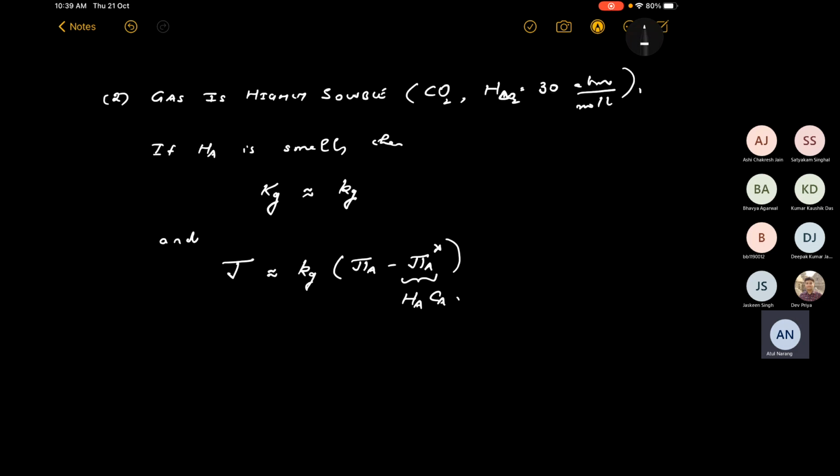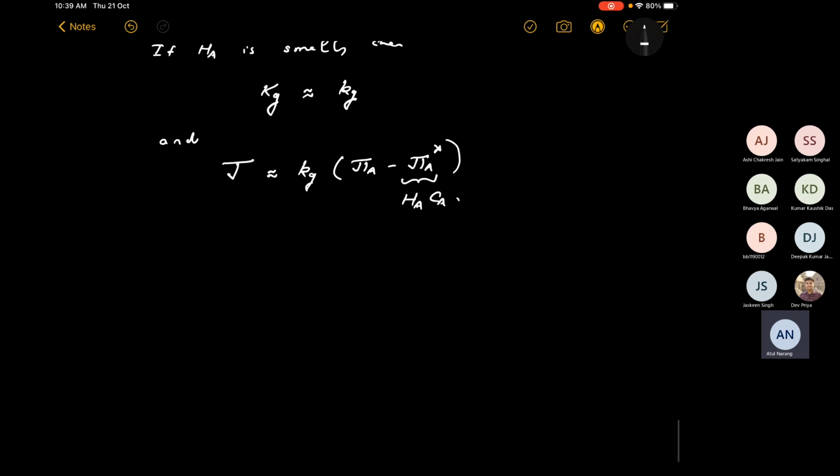So what happens if the gas is highly soluble is that all the resistance is on the gas side.